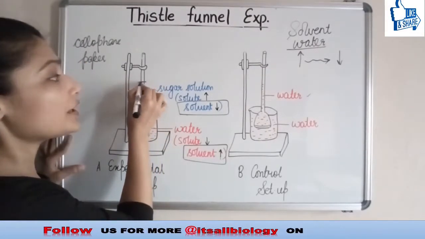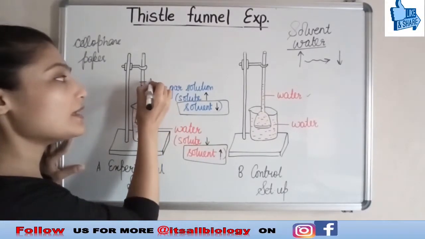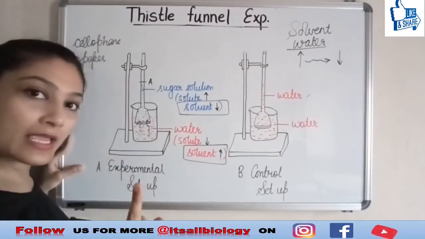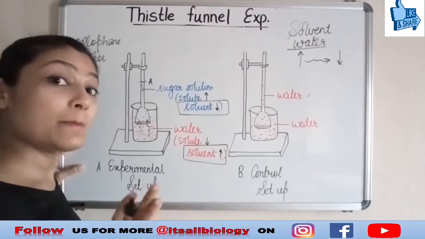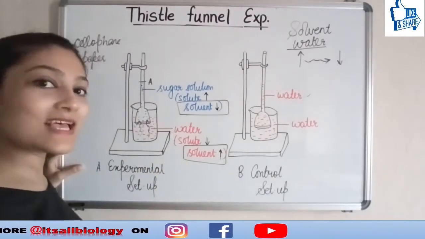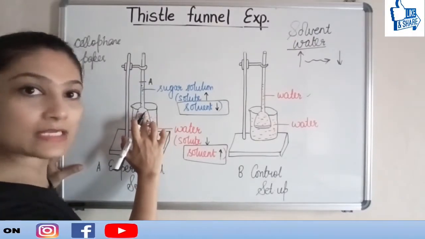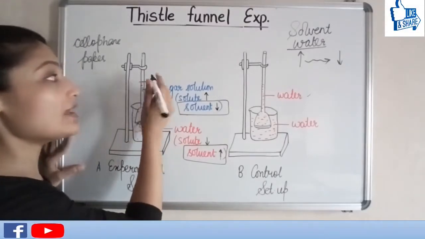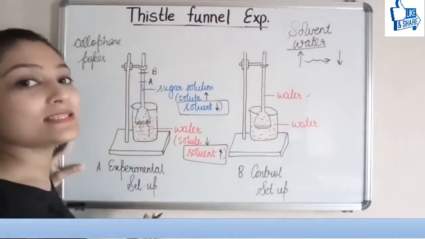When the thistle funnel was just placed, the level was this much, A. जब osmosis नहीं हुआ था, जब हमने बस उसे place ही किया था. After some time, when osmosis has taken place, when the water has moved inside the thistle funnel, the level is also going to increase in it.